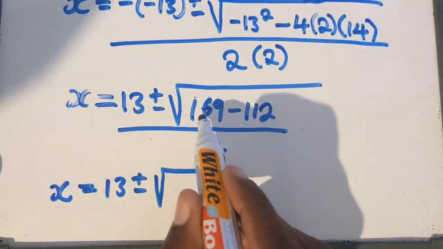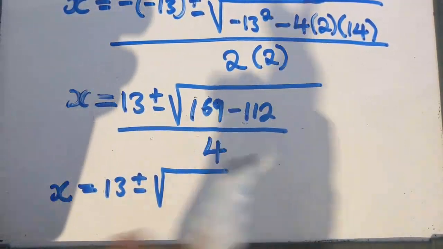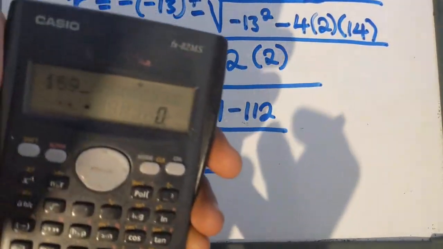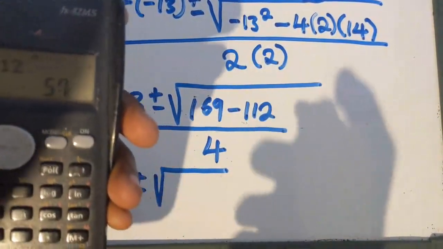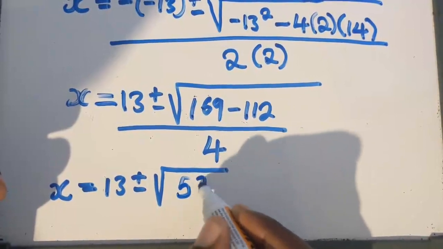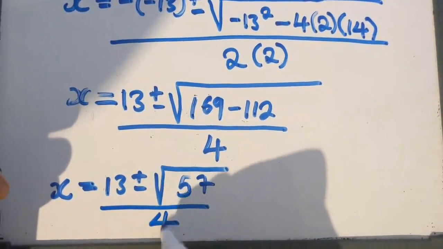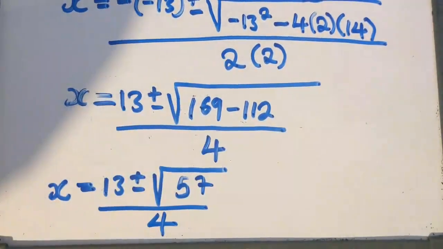What you do is subtract: 169 minus 112 is going to give you 57. So just put 57 here, then it is divided by 4.